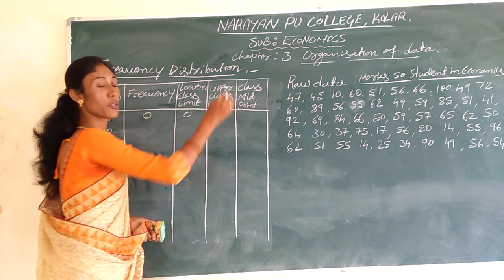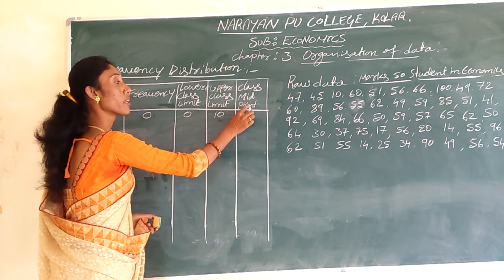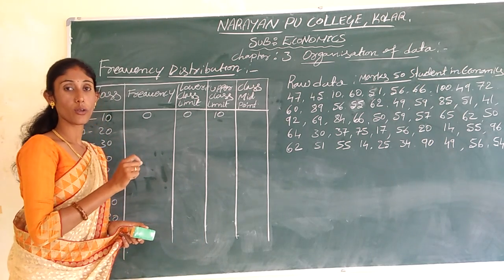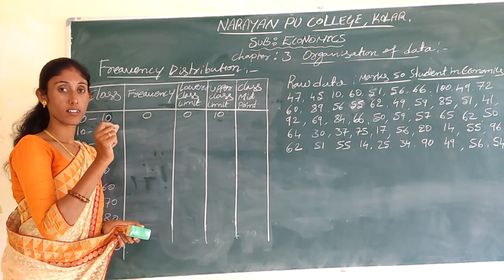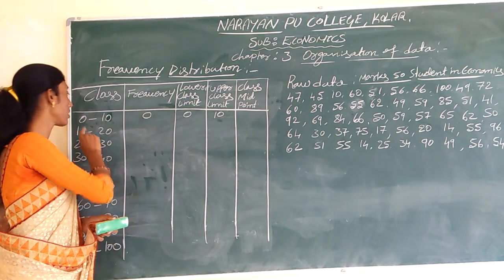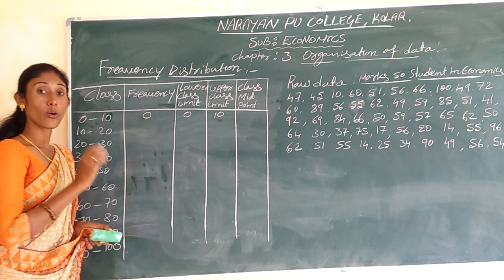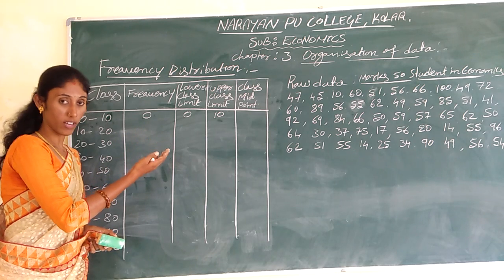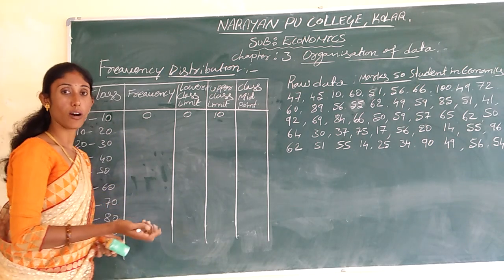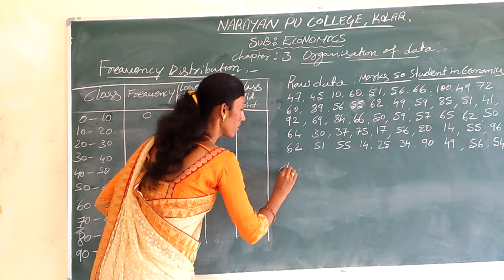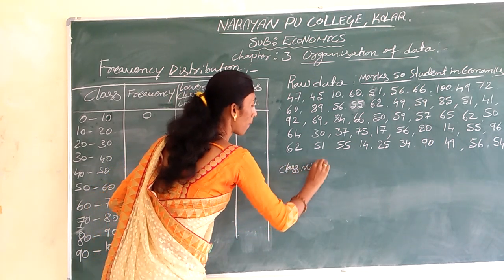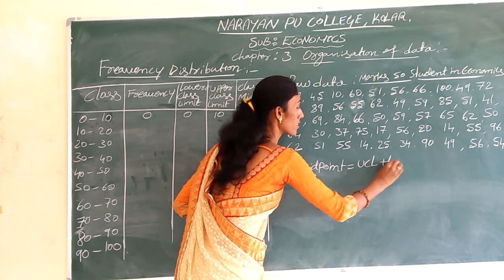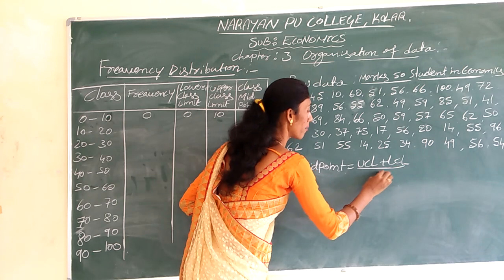One more thing we need to find out is the class midpoint. The class midpoint refers to the exact central value of the class. Between 0 and 10, what is the exact central value? 5. We can put 5 directly, or we can apply a formula. The formula is class midpoint equals upper class limit plus lower class limit divided by 2.